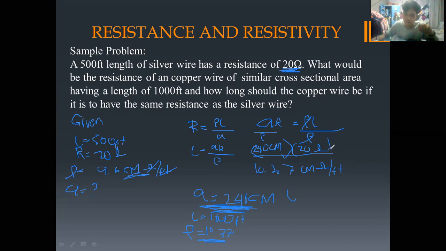Ayan. Cancel kong ohms, cancel kong CM, matitira natin, iangat natin yung feet, matitira natin, length natin is equal to 462.87 feet. Ito yung length niya if copper wire has the same resistance as yung silver wire. Okay.